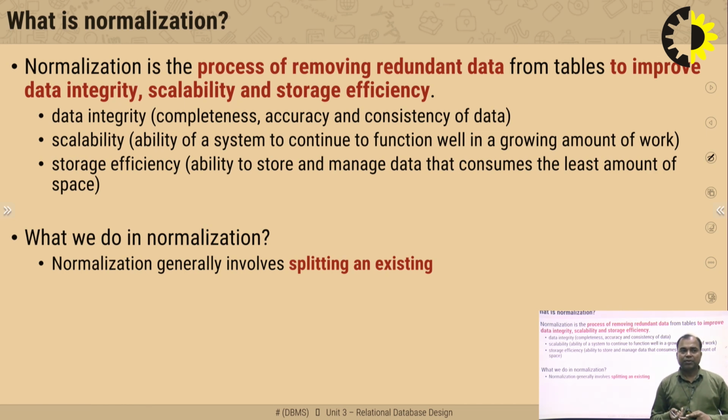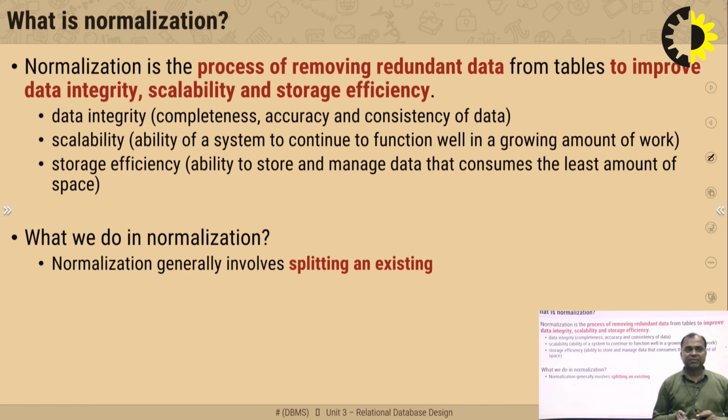Integrity means completeness and accuracy. Data must be complete, consistent, and accurate. That is the integrity of data, and it is ensured only when we have a normalized form of the data.